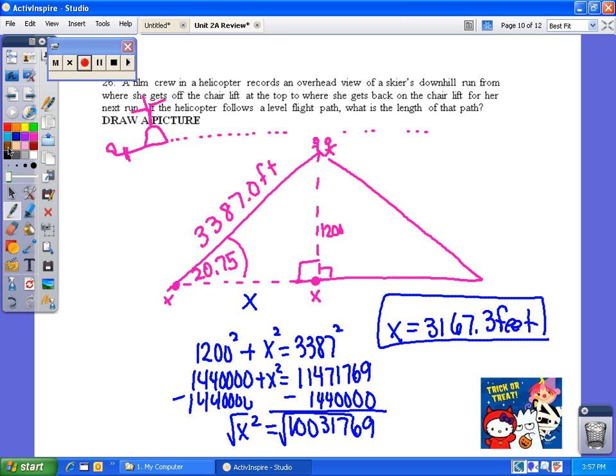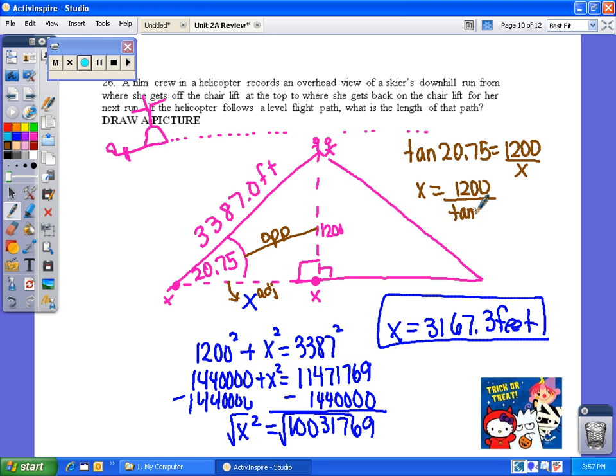Now, if we decided that we wanted to do SOHCAHTOA, we could have said opposite over adjacent. So we could have said the tangent of 20.75 is equal to 1200 over x. So x equals 1200 over the tangent of 20.75.